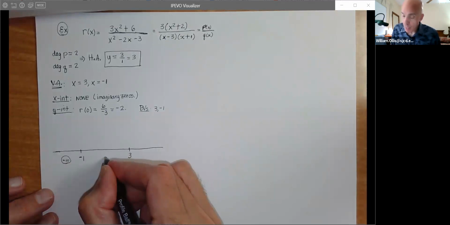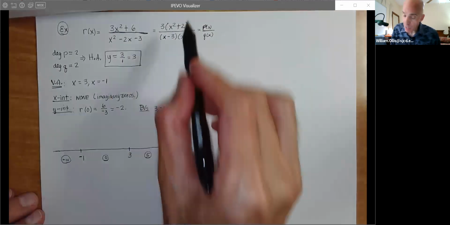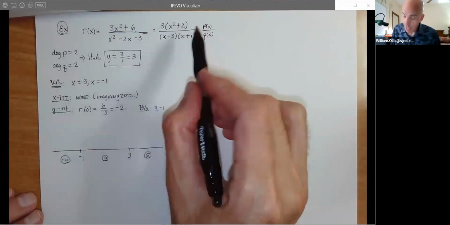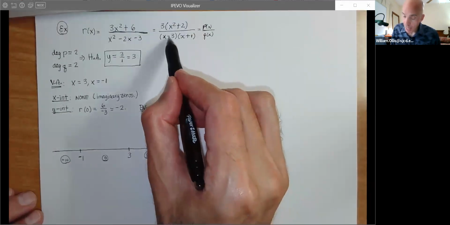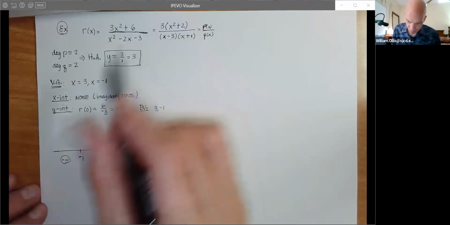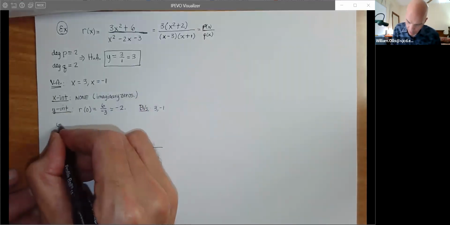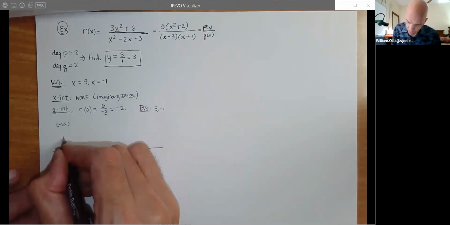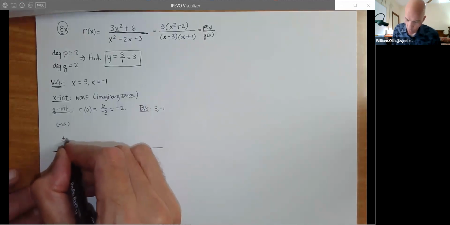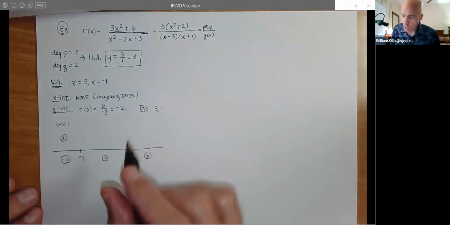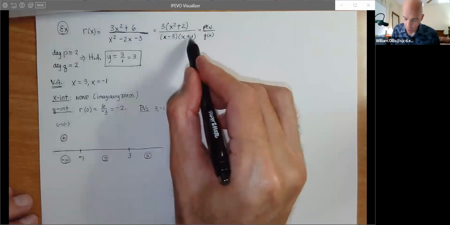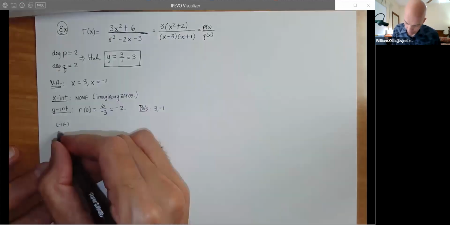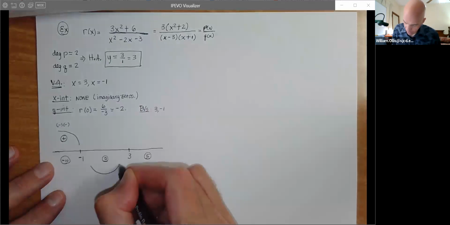But notice the numerator is always positive. So here we get a negative and a negative, a negative times a negative, which is positive, so we're above the axis. These are just first degree zeros, so we're above, and then below, and then above.